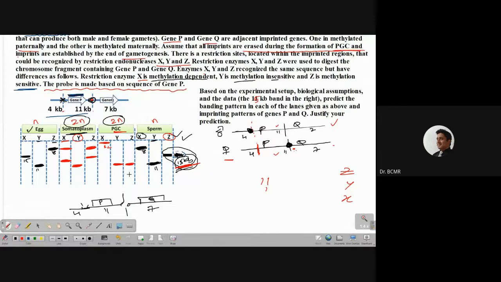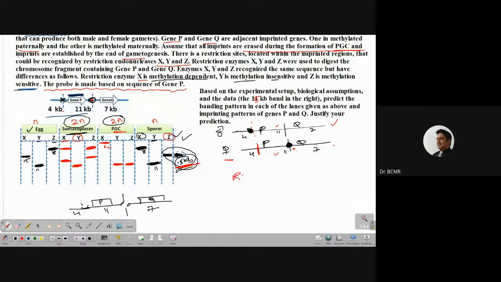Ritika, are you clear or do you have any questions on this? It's a little bit confusing, sir. Yes, there are too many things in this, so it's very common to be confused.